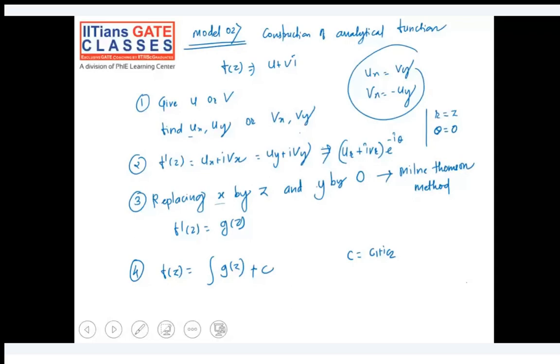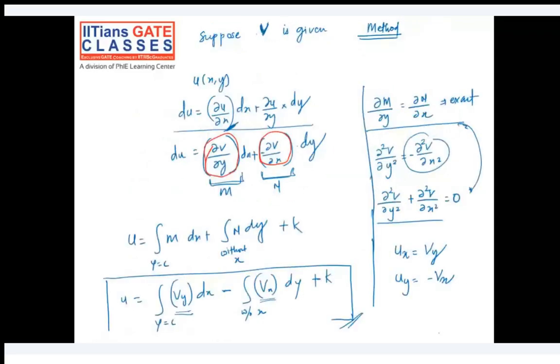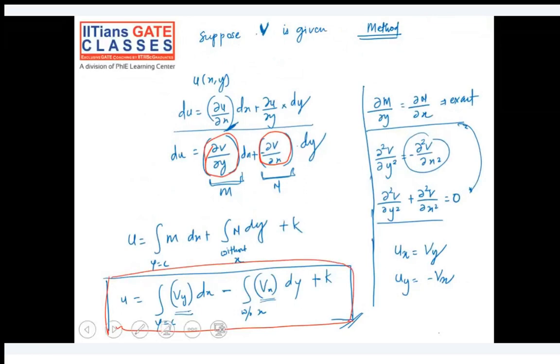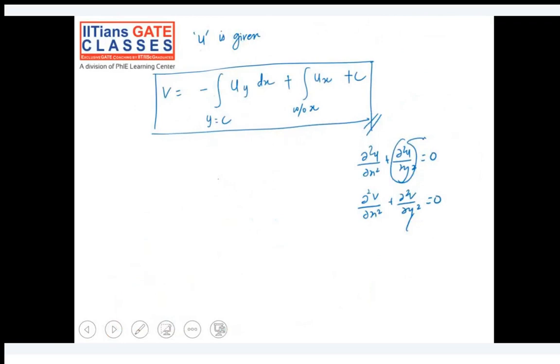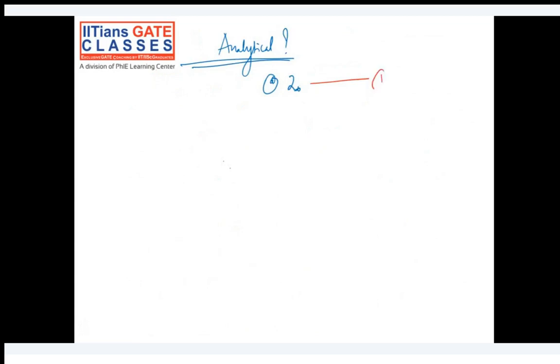If v is given, this is how you will calculate u, and if u is given, this is how you will calculate v. So these are the three types. First is analyticity check.